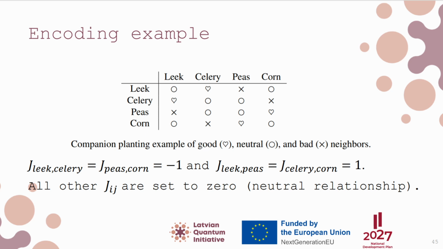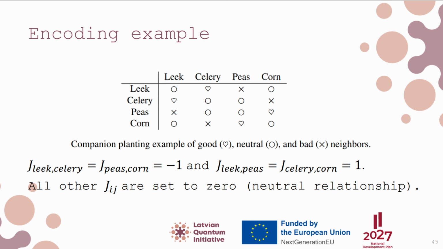So encoding can look like this. This is an example of a task. Very shortly, you have 4 different plants. You have 2 pods. You need to plant them in 2 different pods. Some of them are very good together. Some of them cannot live together. So this is what this table shows us. According to it, we can define these variables.